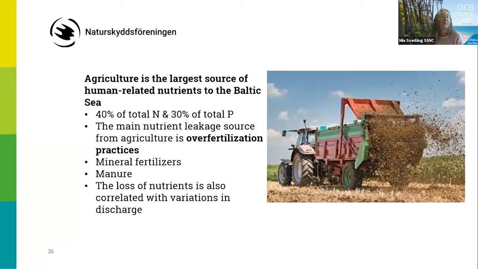And that is both from mineral fertilizers and from manure. And also the loss of nutrient is, of course, correlated with variations in discharge. So, I mean, if it's raining a lot, much more will leak and so on. But the main problem is that we put on too much fertilizers.